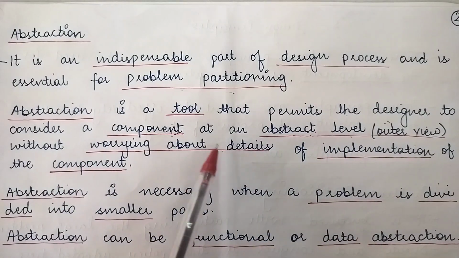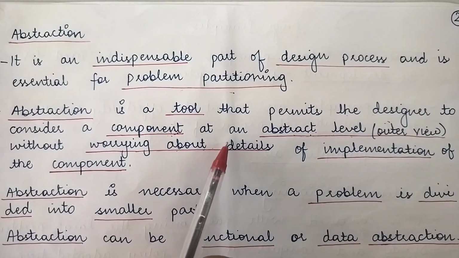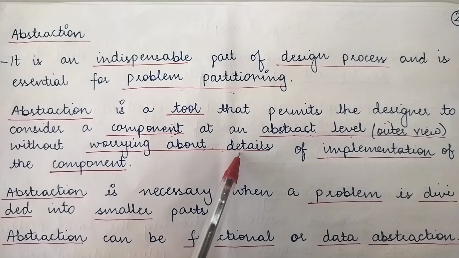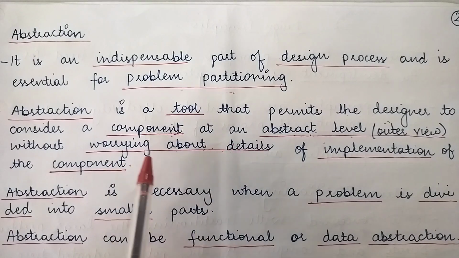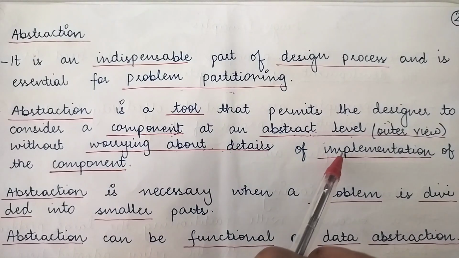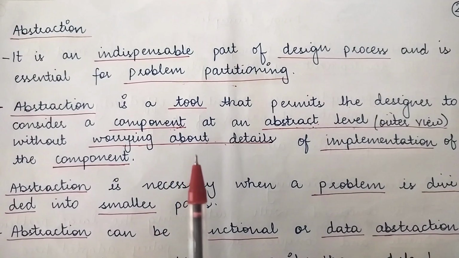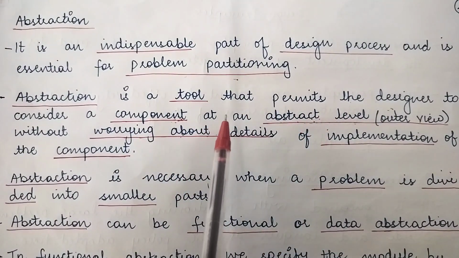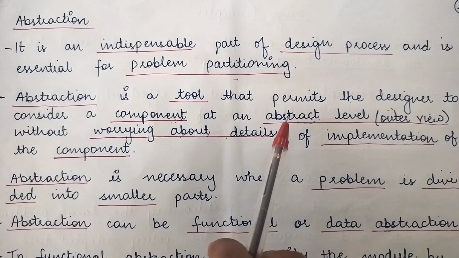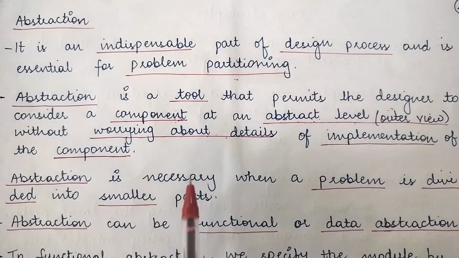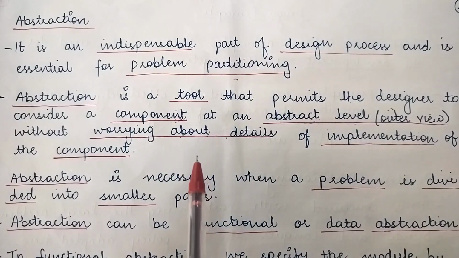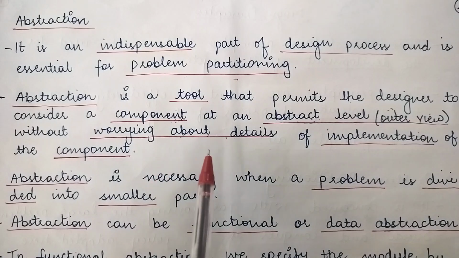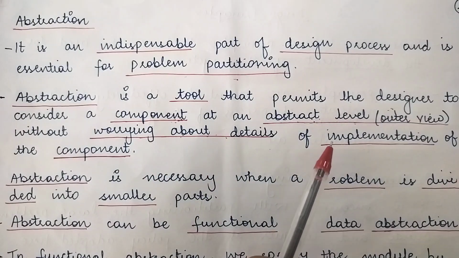Without worrying about details, as I said, we are not concerned about how it is being done. We are only concerned about what is being done, without worrying about the details of implementation of the components. So at the abstract level, we are concerned about what would be the functionality of the component, and we are not concerned about the implementation details.